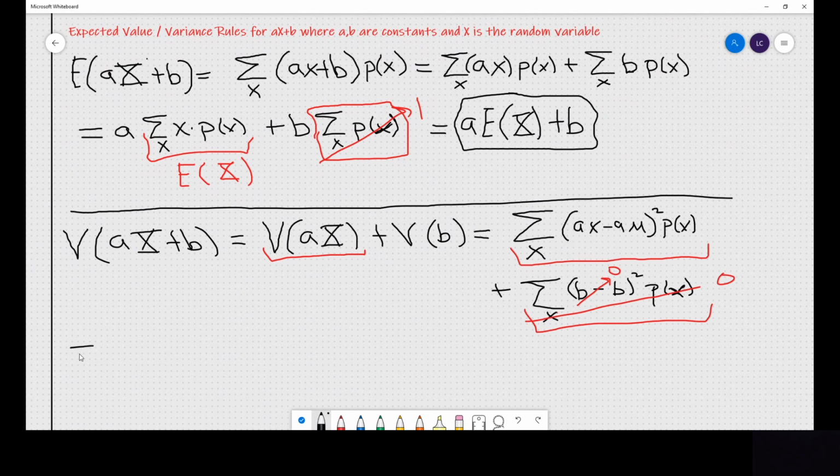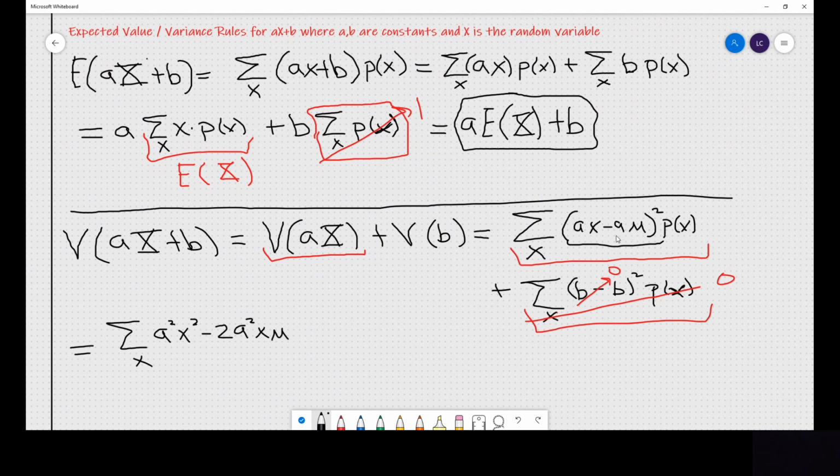So we're going to bring that down: the sum over x. And I'm going to go ahead and multiply this out. So I get a squared x squared minus 2 a squared x mu, right?